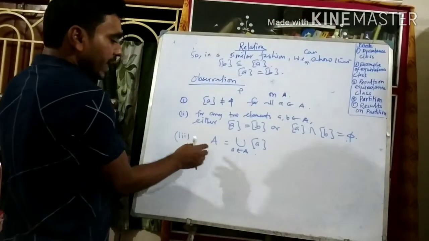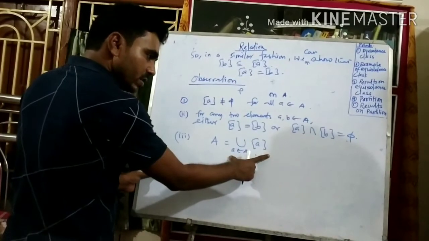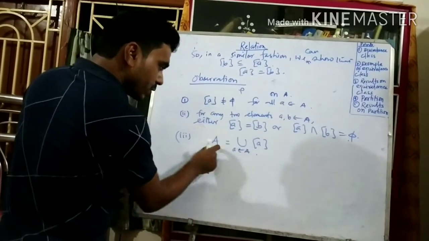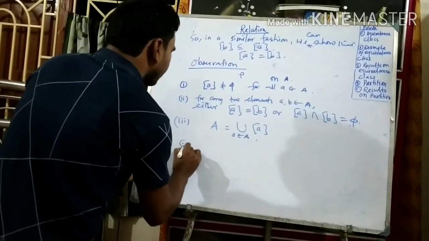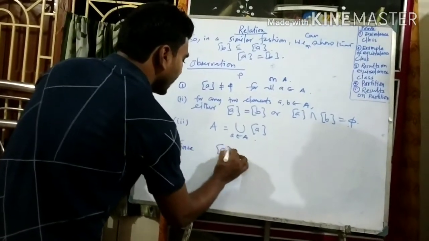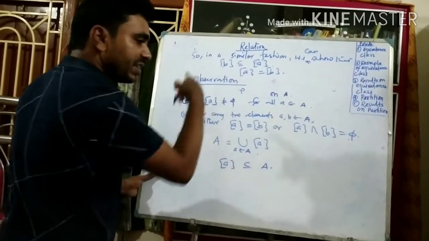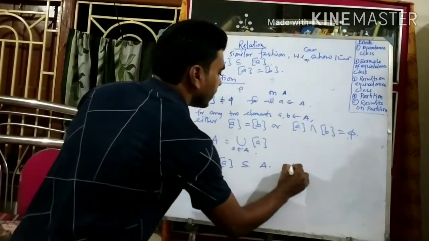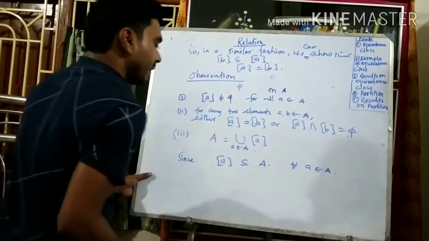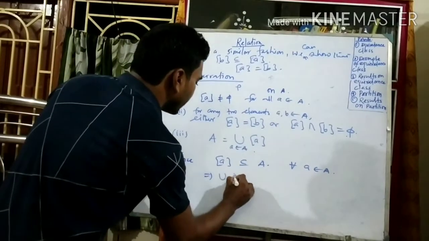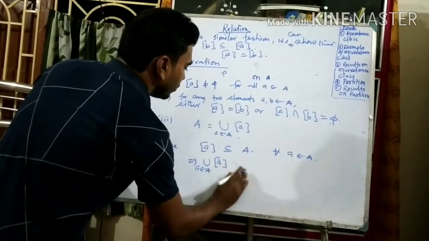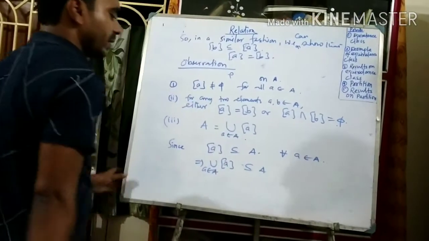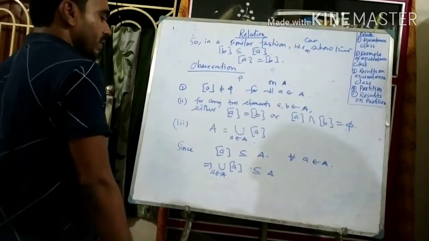For that, we have to show that A is a subset of this, and conversely, this is a subset of A. Since class a is a subset of A by the definition of class for all a, therefore the union of class a, a belongs to A, will be a subset of A. This is clear to everybody, right?